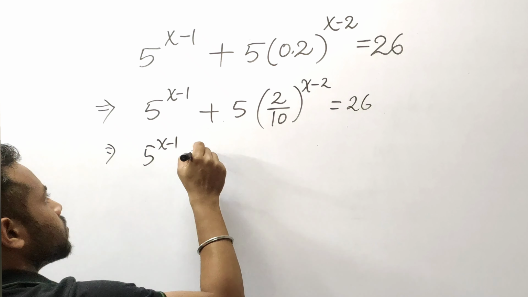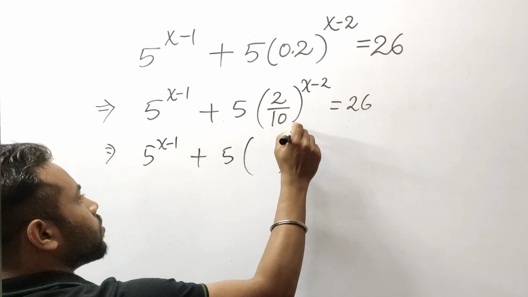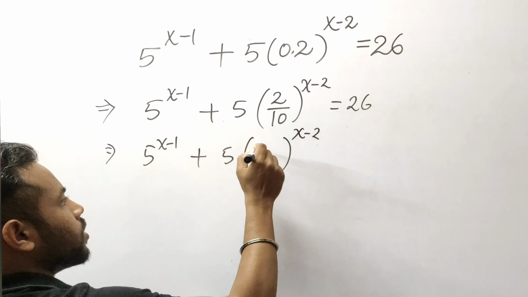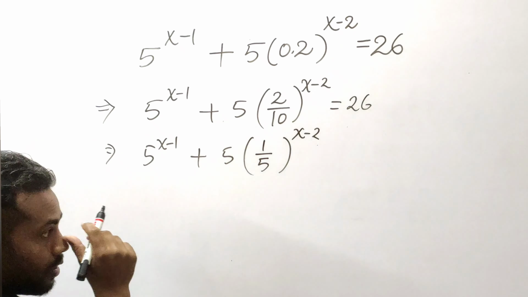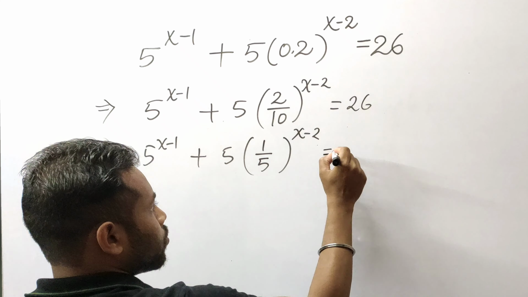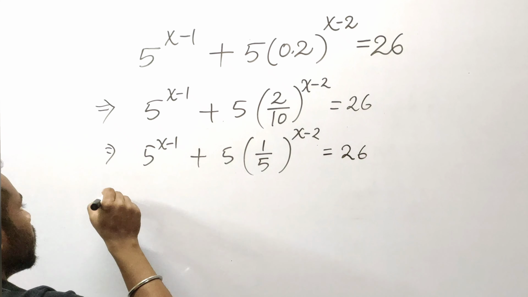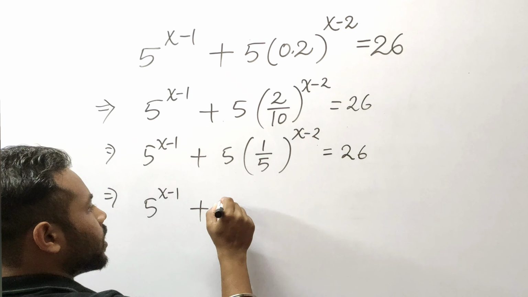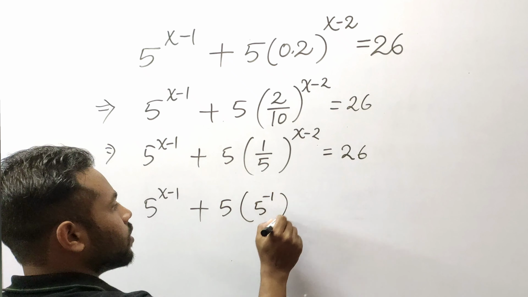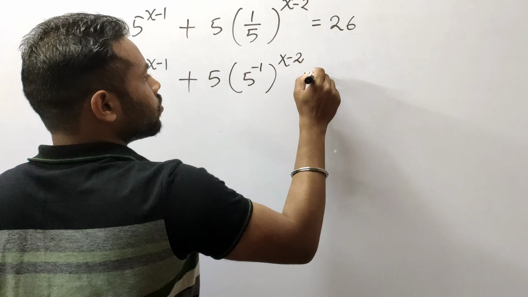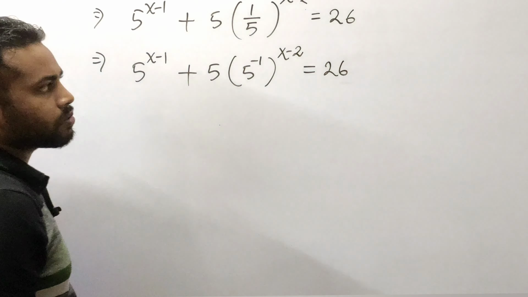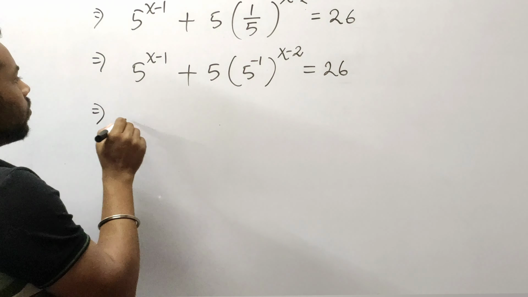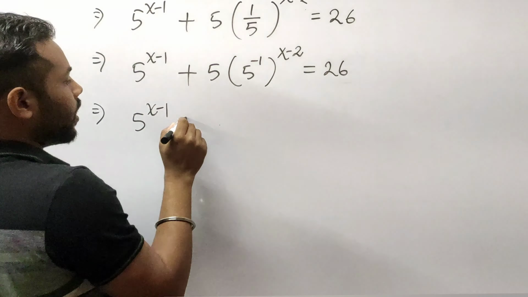This is as it is, but here clearly you can write this one as 1 by 5, right? And this is equals to 26. Therefore this is 5 and this is 5 to the power minus 1 to the x minus 2, okay, using exponential formula. And now let's simplify.